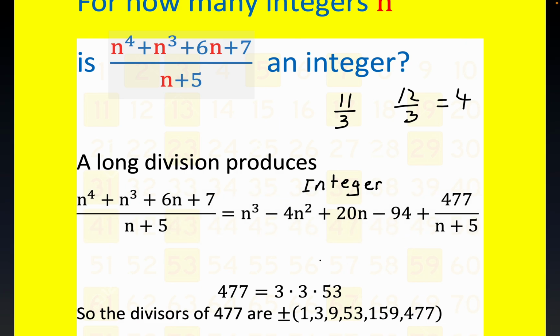Now notice right here we need n+5 must be a divisor of 477, excuse me.